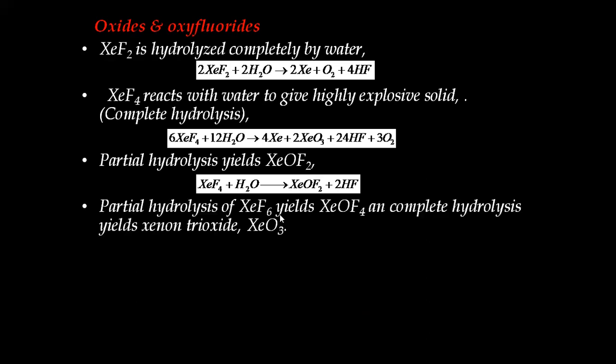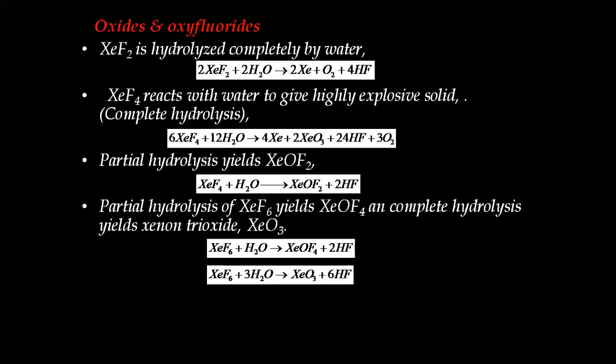Partial hydrolysis of XeF6 yields XeOF4. Whenever you take XeF6 and do partial hydrolysis, it will give you XeOF4. We are just removing two fluorines by an oxygen. The same thing when you do complete hydrolysis, with 3 molecules of water, all the fluoride will be removed by oxygen.